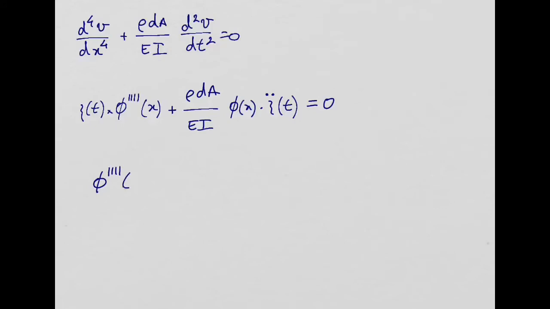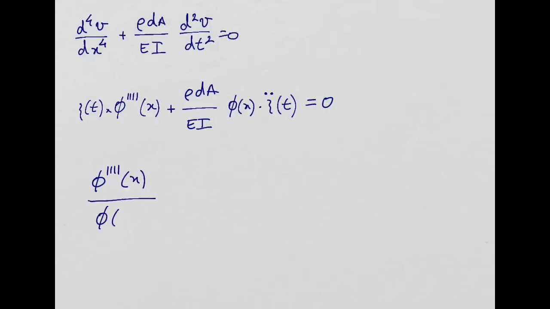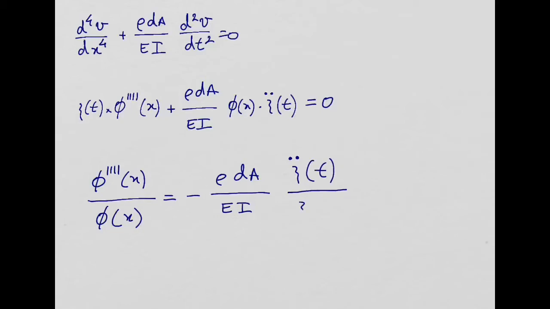Phi four primes over phi of x equal to minus rho dA over EI times xi double dot of time over xi function of time.